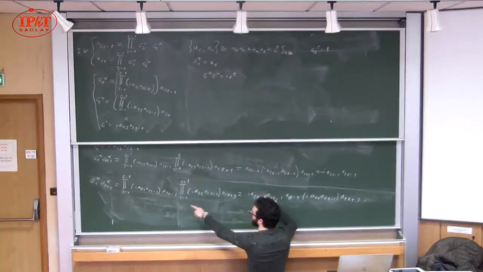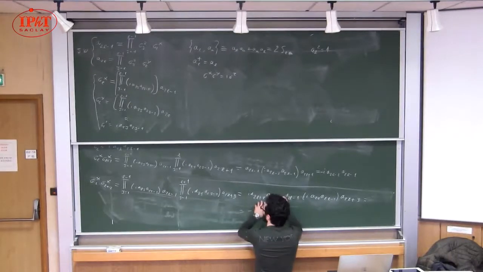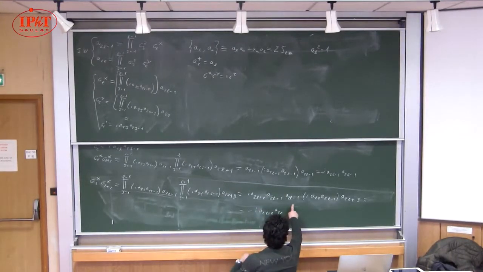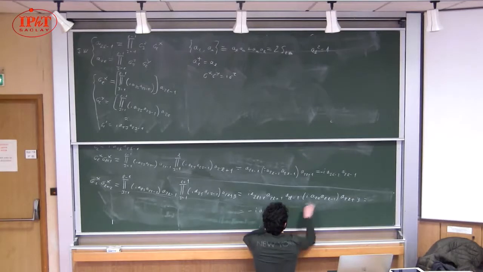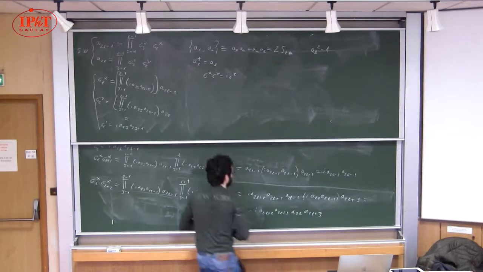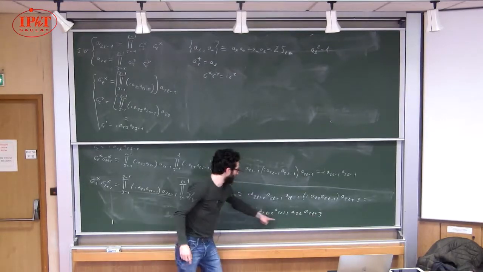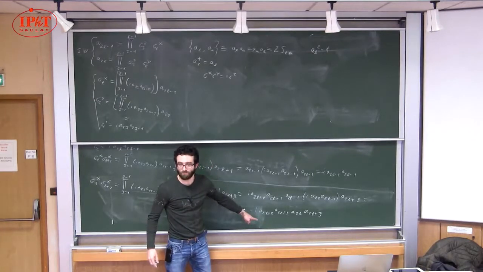This is A12, I was from here, okay. 12 plus 2 and A12 plus 1. Then A12, okay. Minus sign, 12 plus 1, and then you have A12 and A12 plus 3. So here you have a 4 Majorana instead of 2 for this term.